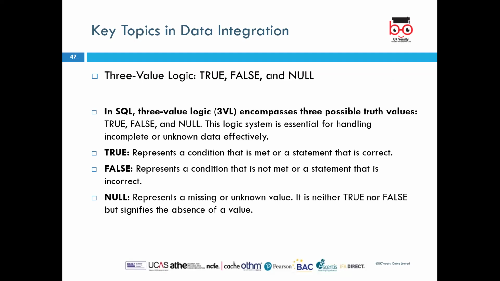So we have to look at the three-value logic, such as true, false, and null. In SQL, the three-value logic is going to ensure that we have three possible truth values: true, false, and null, where this logical system is going to be essential when handling incomplete or unknown data efficiently.